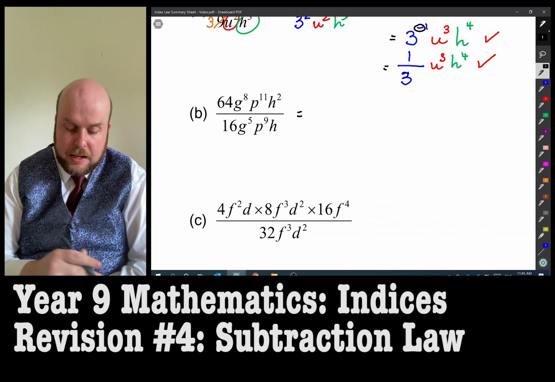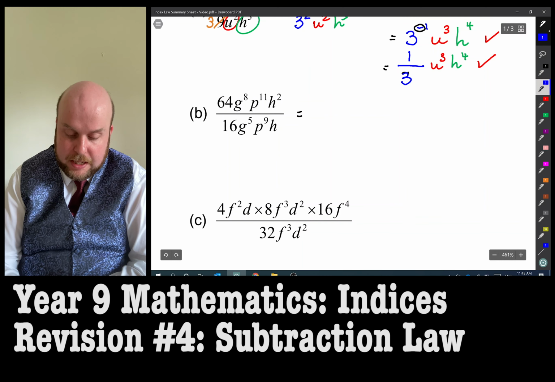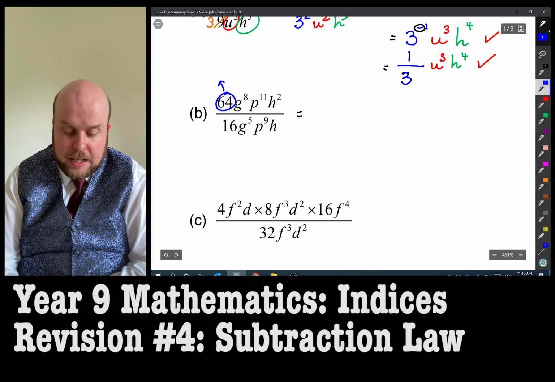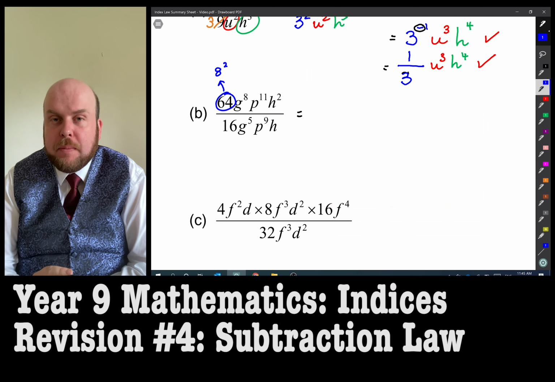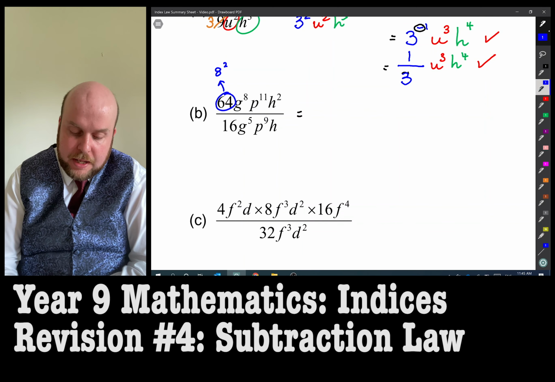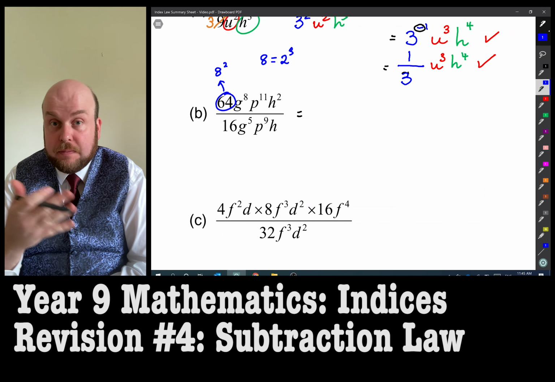With the next one here, we've got 64 and 16 as big numbers that will need to be simplified. 64 is the same as saying 8 times 8, or 8 squared. Now, from an earlier question, I also know that 8 is the same as saying 2 to the power of 3, because 2 times 2 times 2 is 8.